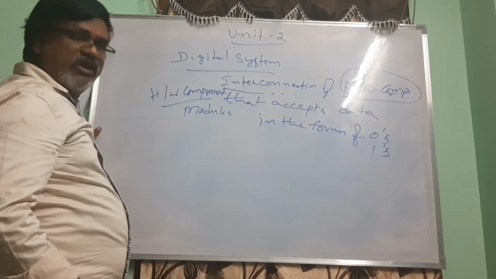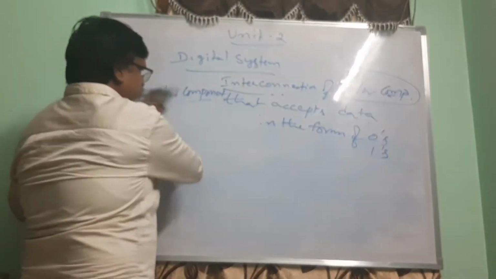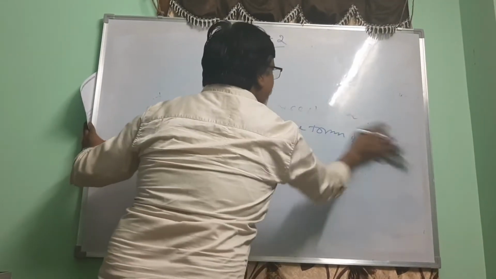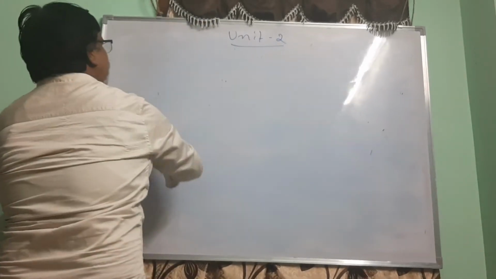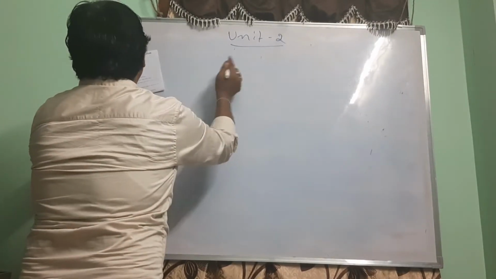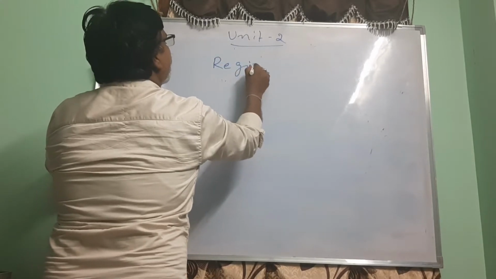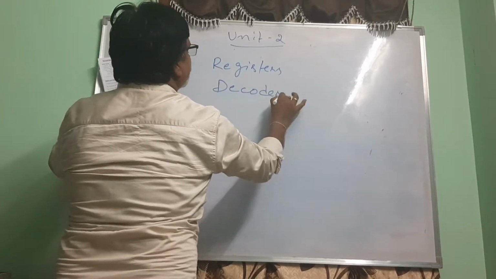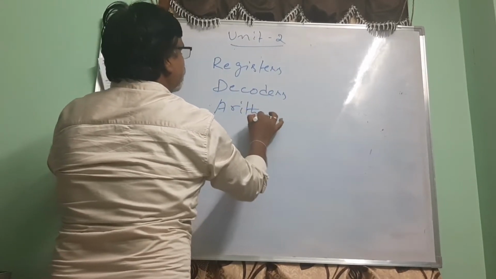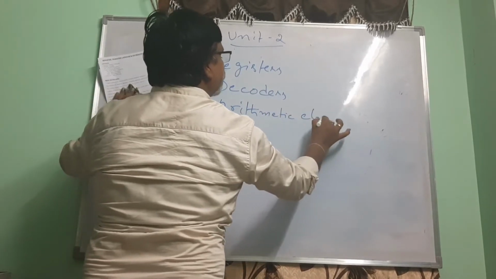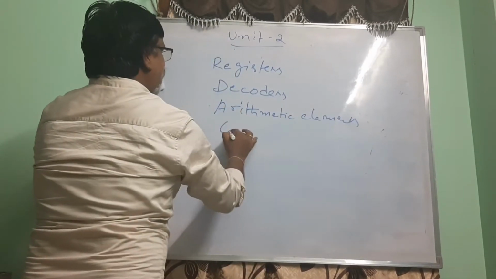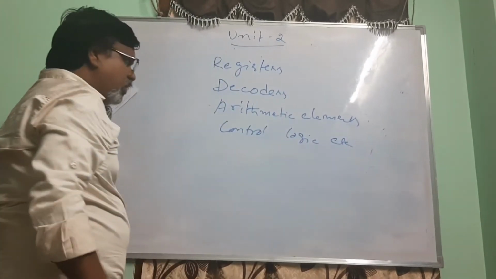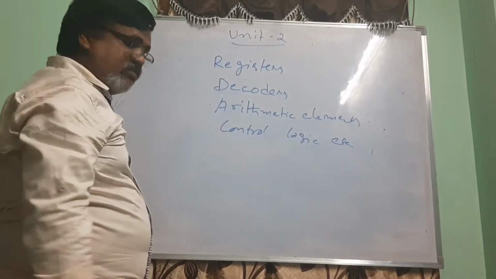What are the various modules that we have in this digital system? We will discuss. The various modules in this digital system are listed as registers, decoders, arithmetic elements, control logic, etc. Just now we discussed hardware modules.